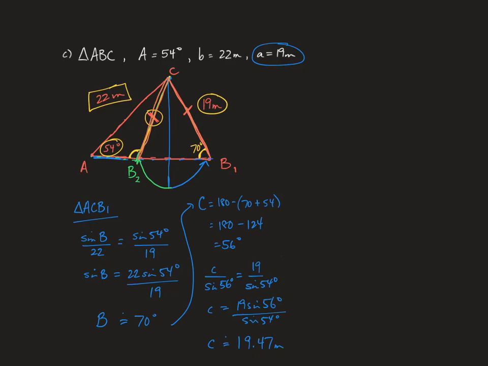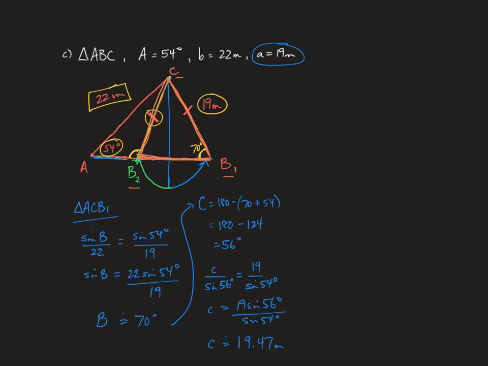This triangle that you see me highlighting right now, it doesn't actually exist because that triangle would be B2, C, B1. It would have two B's. But I can use that to help me solve for the other triangle.